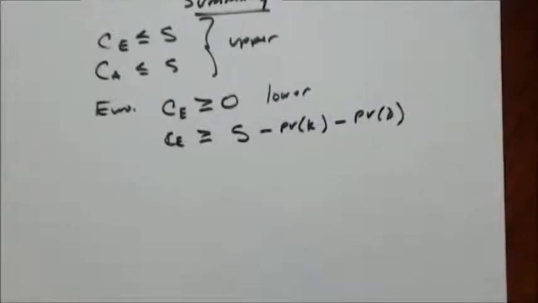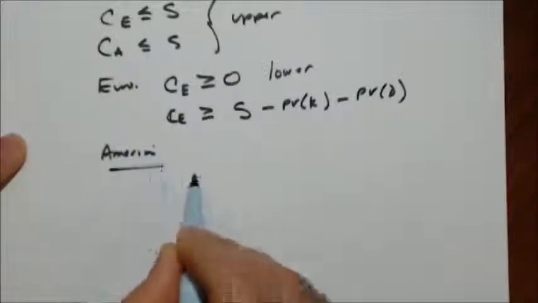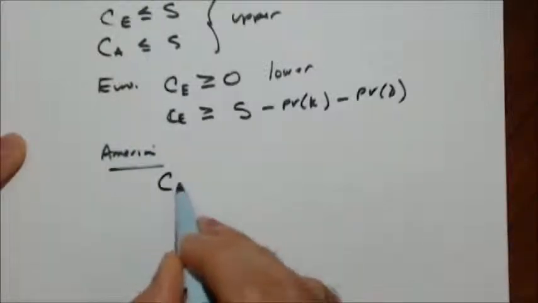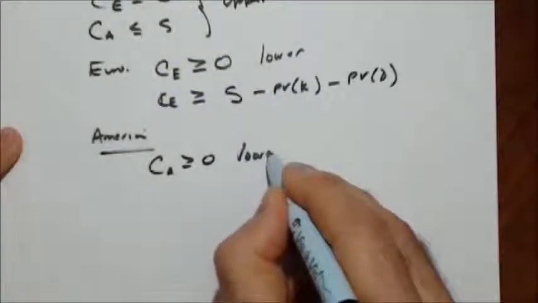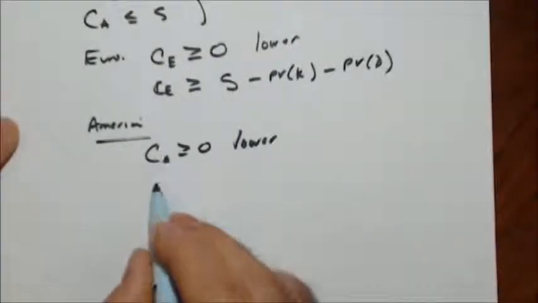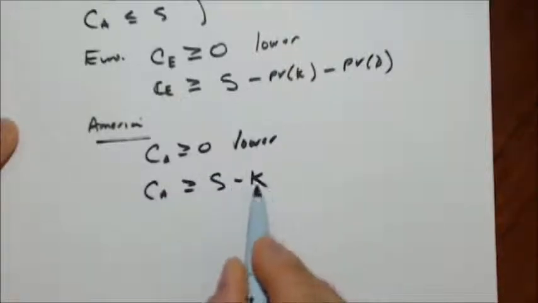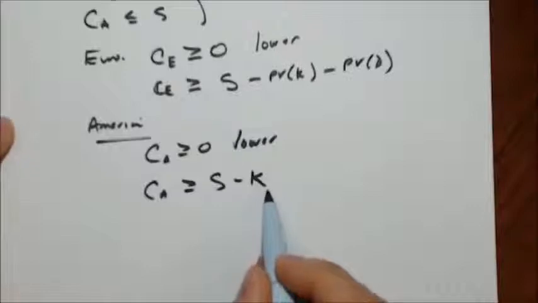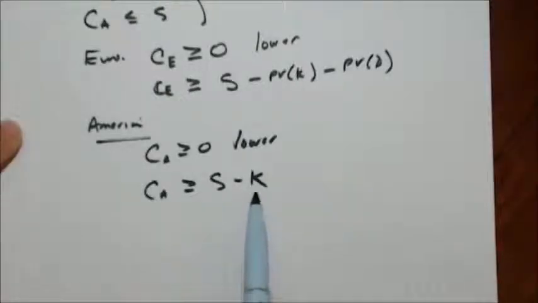Okay. Now, with an American, you have an American must be greater than or equal to 0 for a lower bound. No surprise. And an American must be greater than or equal to S minus K. There's no discounting with an American. And like I said in class, you know that you're dealing with an American option when you're looking at K by itself.